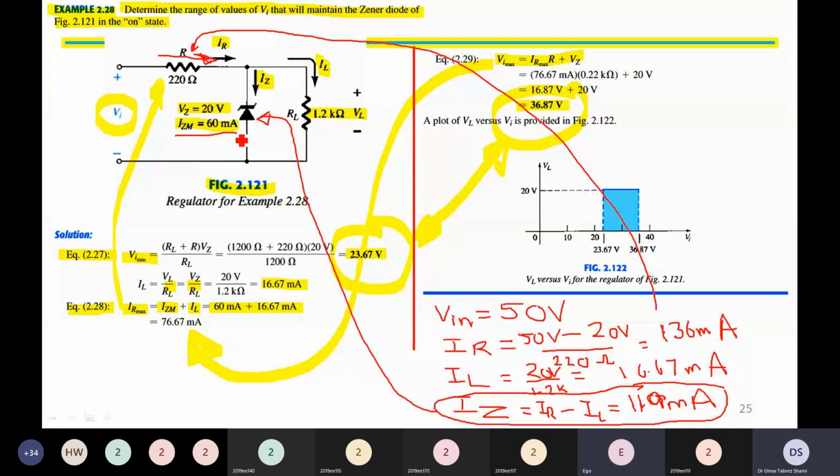But this means excess current can flow despite the limit given by the manufacturer. Yes, can you repeat your question? It is not that the current is limited to a specific value.